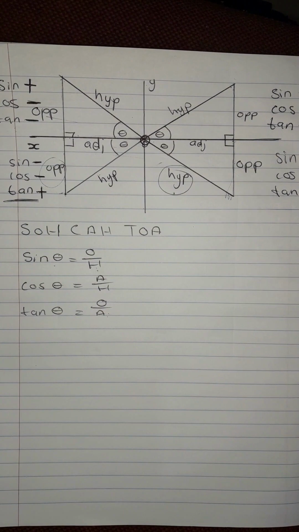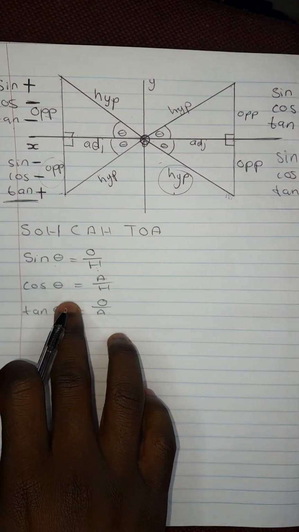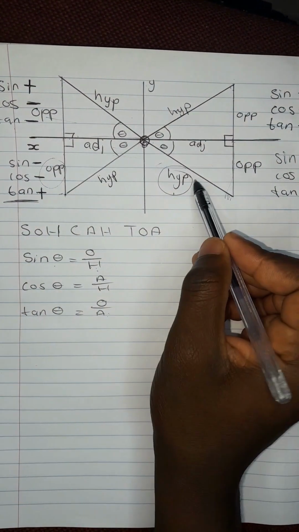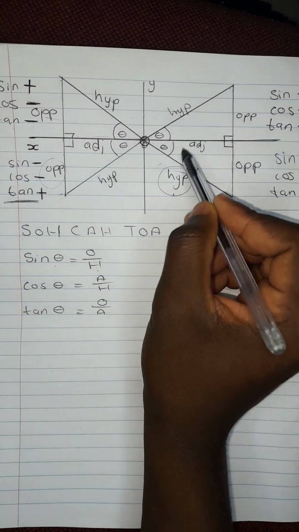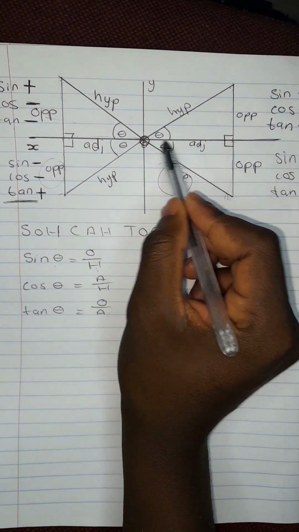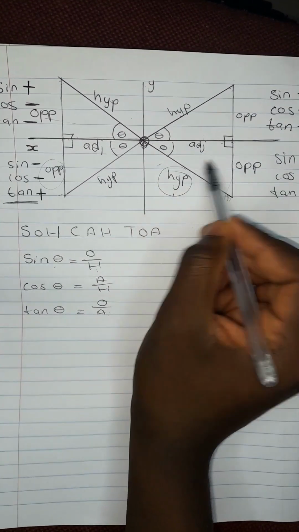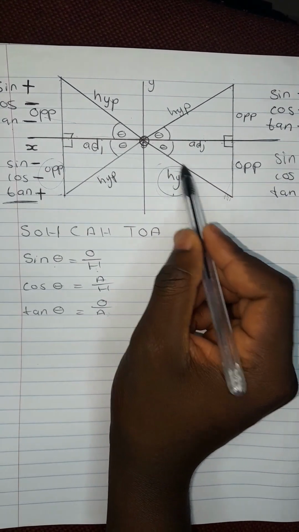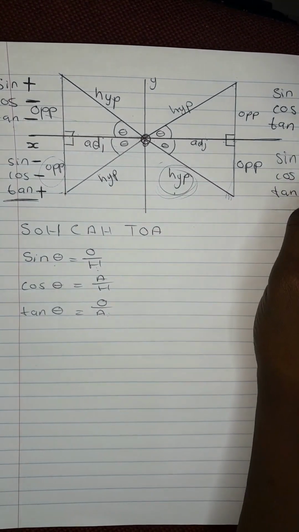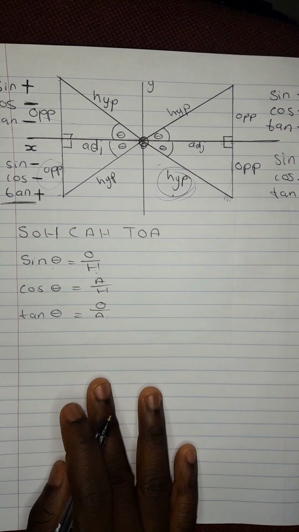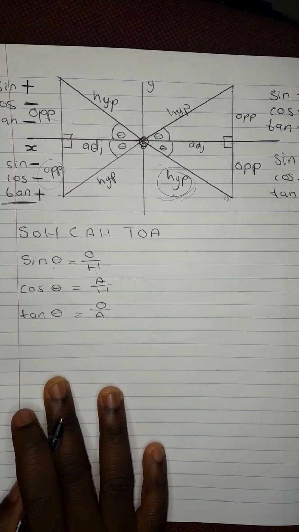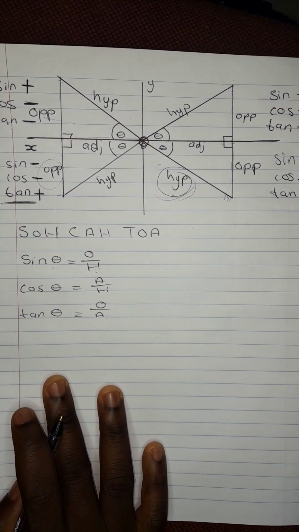Let us go to cos. Cos theta shows that my adjacent, going that side, is positive. Meaning my positive adjacent divided by my positive hypotenuse is positive. Let us go to my tan.